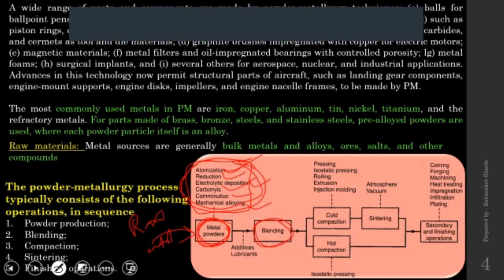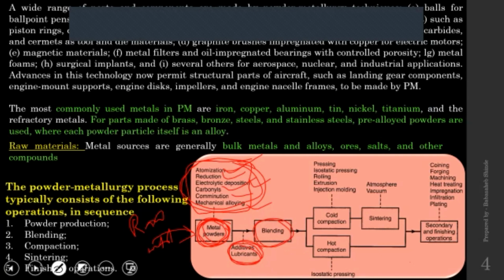So, what is blending? The raw material or metal powders has to be mixed with some additional materials that are going to be required to have some specific properties in the final product, or that are required to have better processing characteristics.